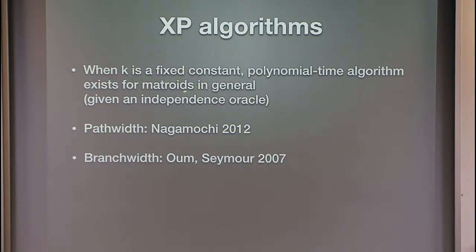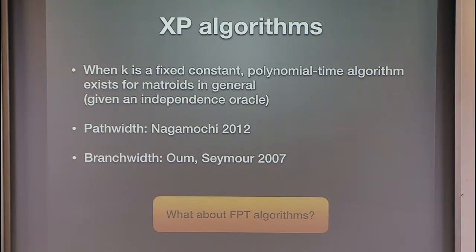When k is a fixed constant, there is a polynomial time algorithm, I mean an XP algorithm, which runs in n to the O of k time. And this algorithm works for general matroids. So the next question is whether we have an FPT algorithm for matroids, and if it's not possible, then which kind of matroid allows an FPT algorithm for pathwidth and branch width?